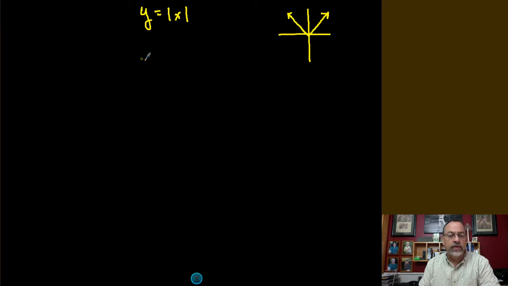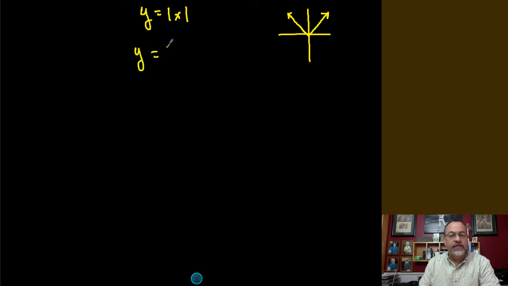You remember with absolute values, we had the parent function, which was a vertex at the origin, and the slope of the rays was a 1, and that was all given by this equation. Then as we started adjusting or adding values to this equation, it changed where this v was in the coordinate plane.